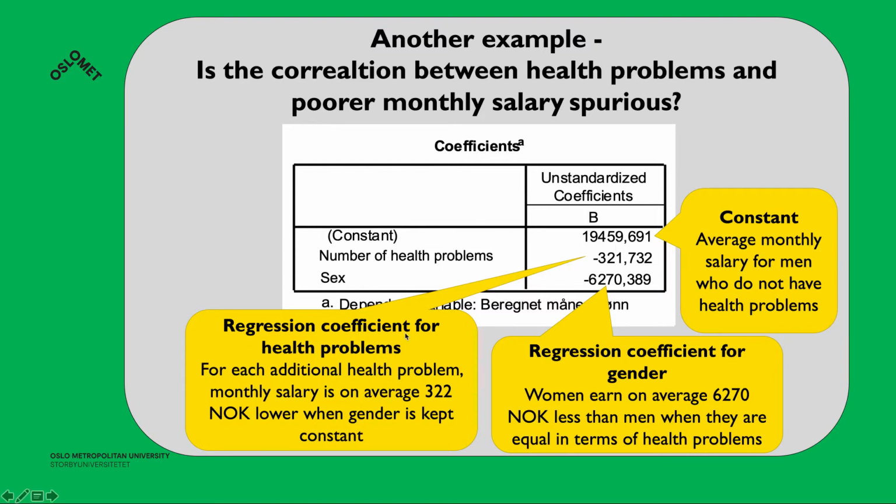Whereas for the regression coefficient for health problems, for each additional health problem, monthly salary is on average 322 Norwegian kroner lower when gender is kept constant. So this one went quite much down, from over 500 to 322. And the regression coefficient for gender shows that women earn on average 6,270 Norwegian kroner less than men when they are equal in terms of health problems.